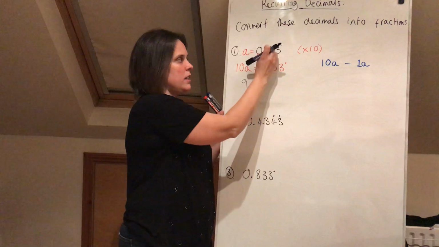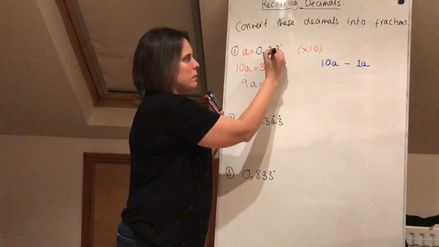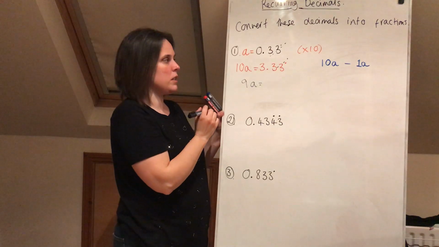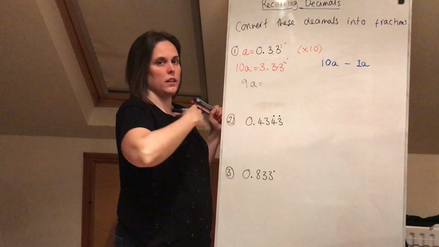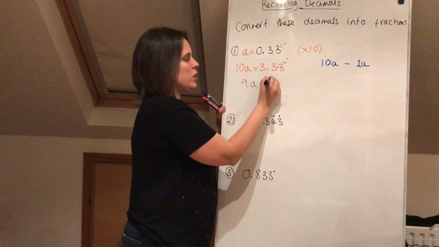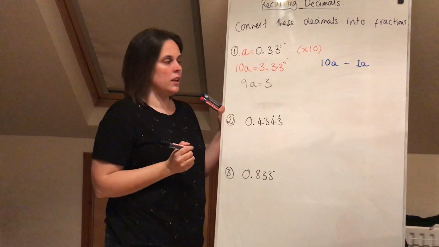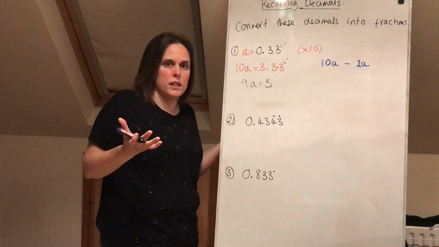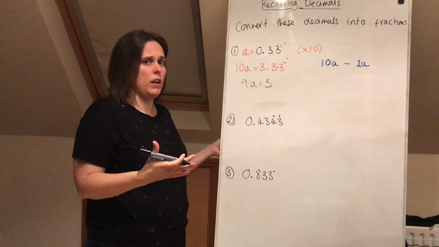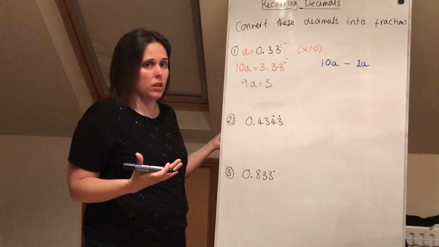So if we do that with this side as well, these recurring bits cancel out with each other, because when we subtract the two decimals they just go. And we end up with 3 take away 0, which is simply 3. Now all of a sudden the recurring decimal's gone, and we've just got 9A is equal to 3, which is just an equation which we solve.